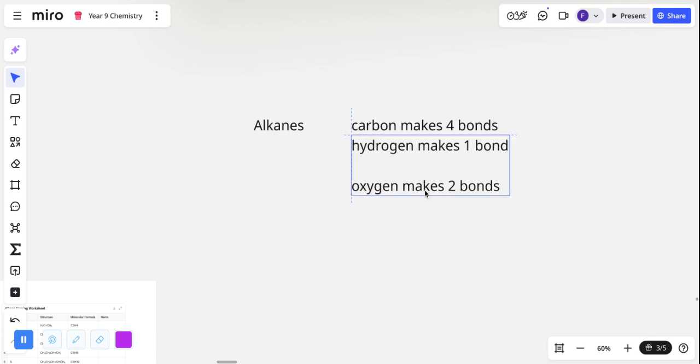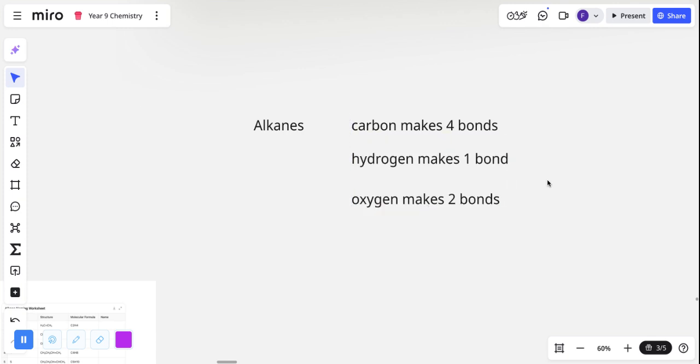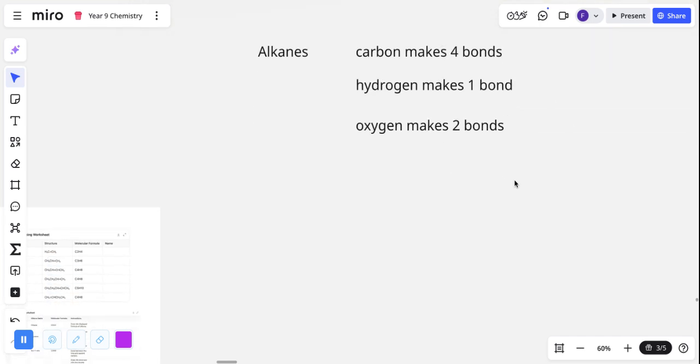That's something that we kind of did last session, but it was done quite easily in terms of how we draw alcohols. But let's dive straight into it.